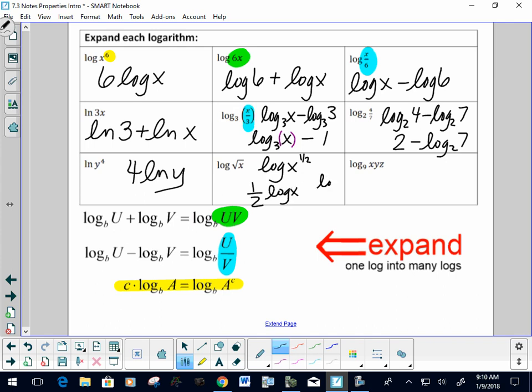Sometimes people will write that as the log of x over 2. Either of those is fine. And then this last one, if we're expanding it, it's x times y times z inside that log. So we can expand that into the log base 9 of x plus the log base 9 of y plus the log base 9 of z.